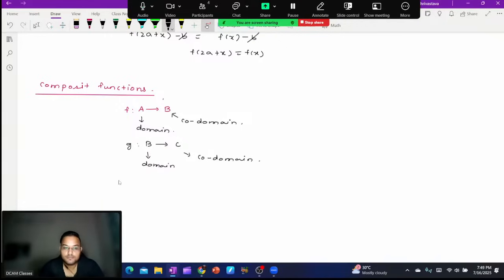Then we define g circle f, which is g of f of x, such that g circle f will go from A to C.